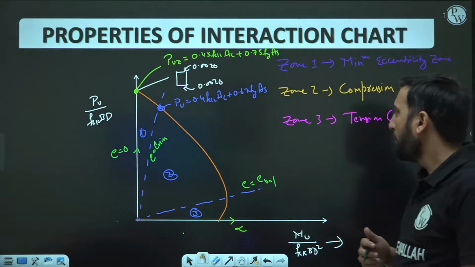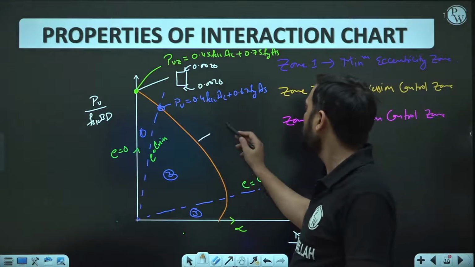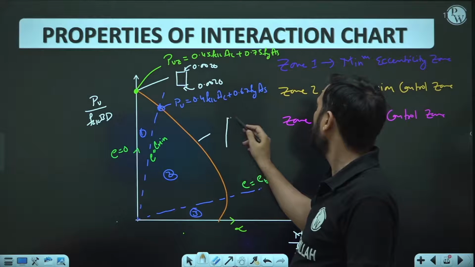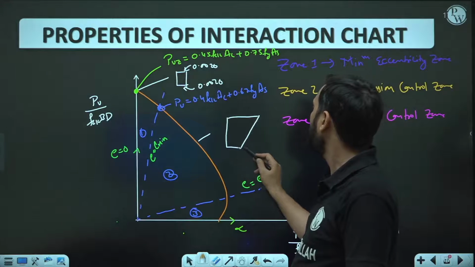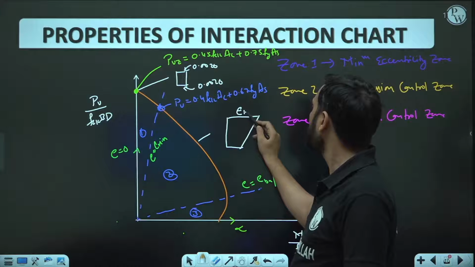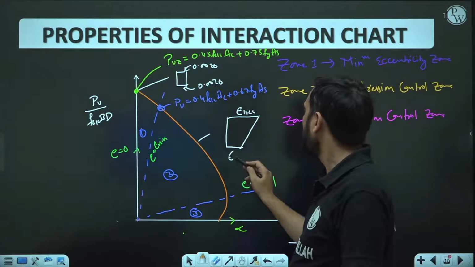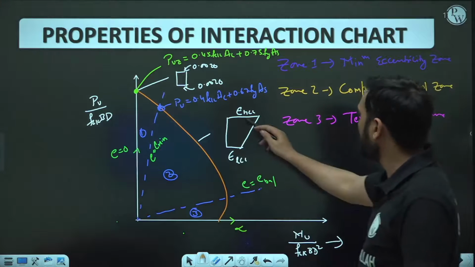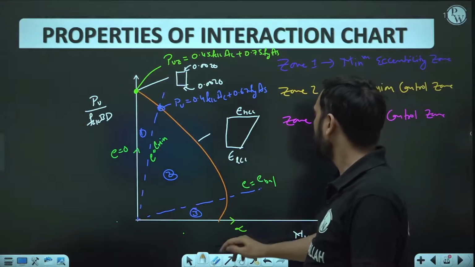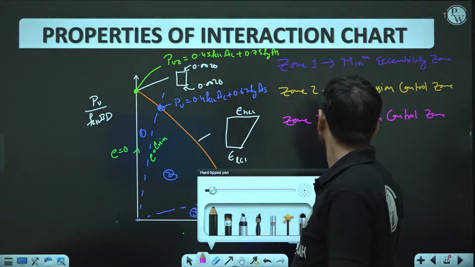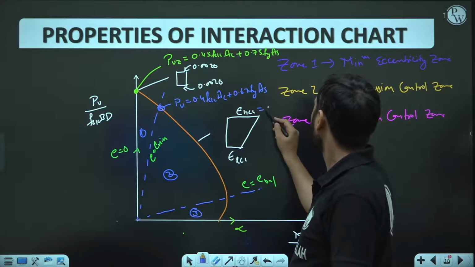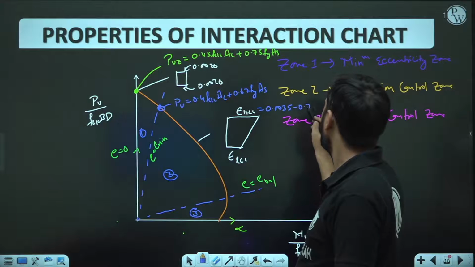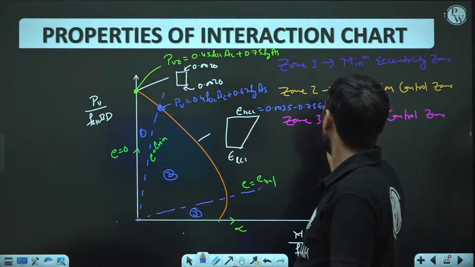But here as well, since the zone is compression control, tension will not be developed anywhere. So this is the highly compressed concrete fiber, and this is the least compressed concrete fiber. The strain at the highly compressed concrete fiber is going to be equal to 0.0035 minus the strain of the least compressed fiber into 3/4.